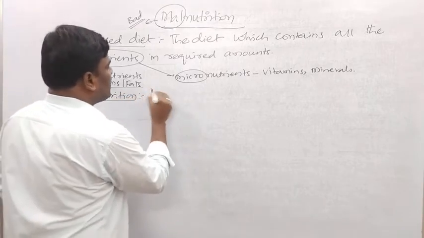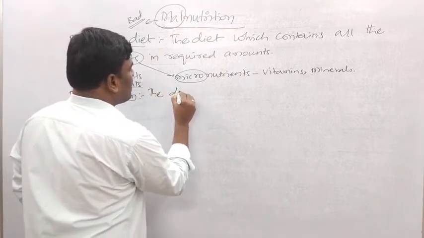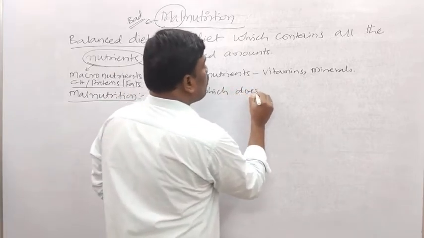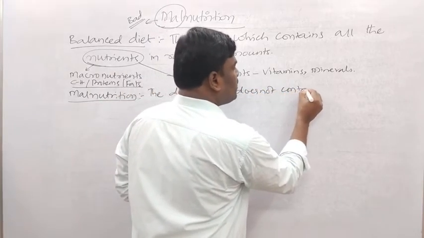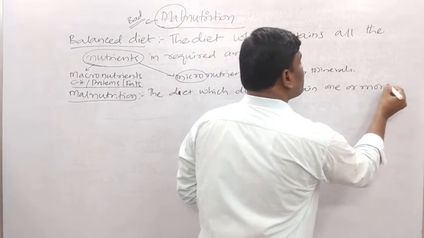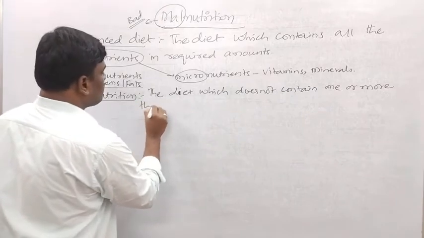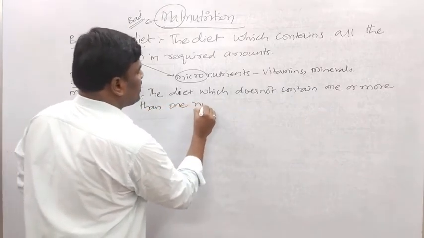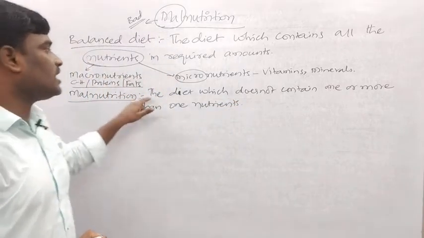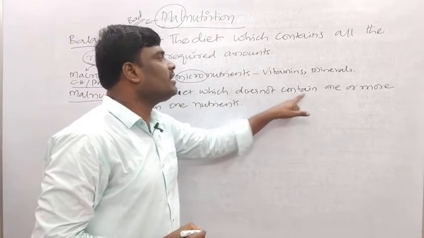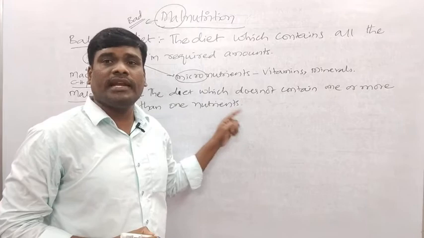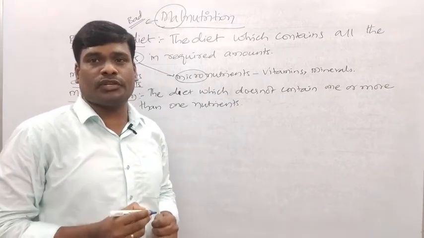Okay, the diet which does not contain one or more than one nutrient, then it is called what, children? Malnutrition. So the diet which does not contain one or more than one nutrient in our food, then it is called malnutrition, isn't it?